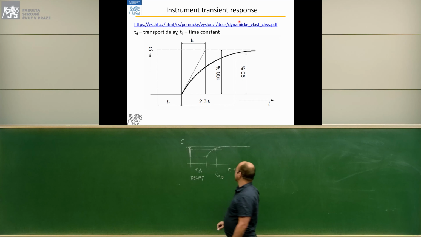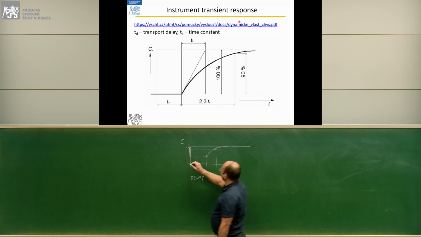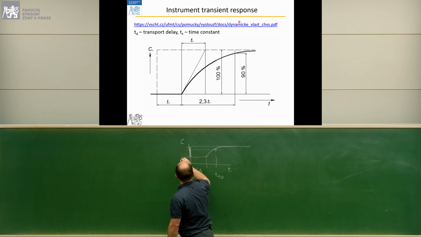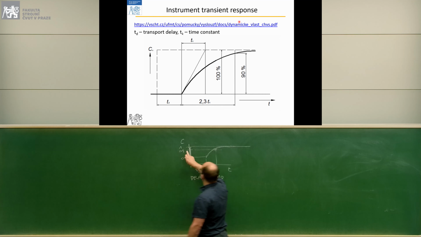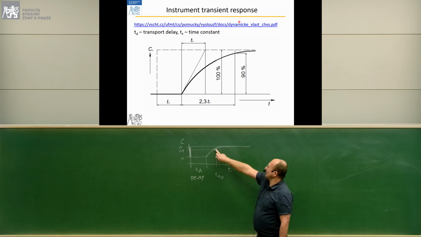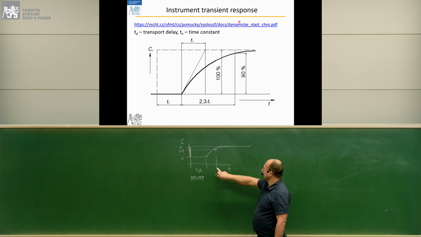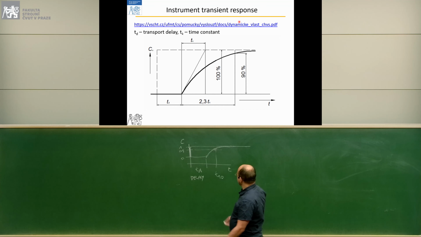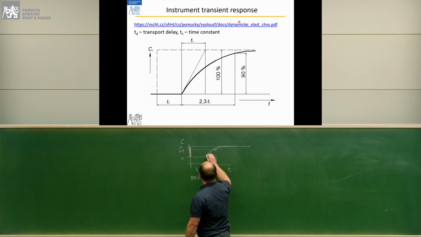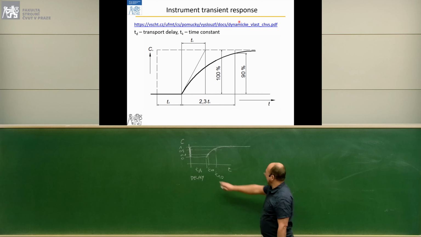T90 is referred to as the time that 90% of the change is reported by the instrument from the time that you start to see any response. Sometimes you determine the time where you measure 10%, and that's why it's called T10.